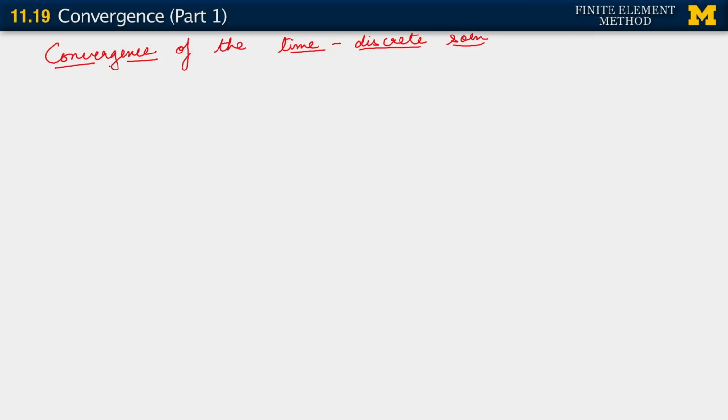So we define the error, and as we've done before in the context of the finite element solution itself, we will define the error as the discrete solution at n plus 1 minus the time exact solution at n plus 1. This is what we define as E at n plus 1.